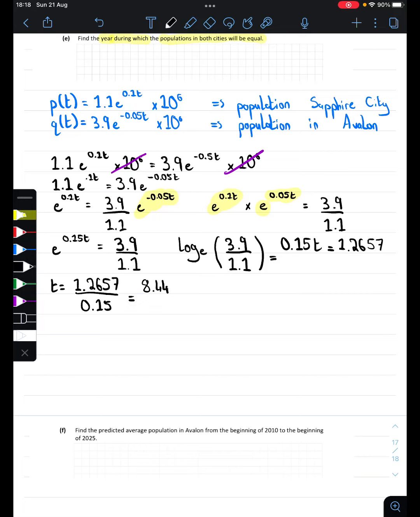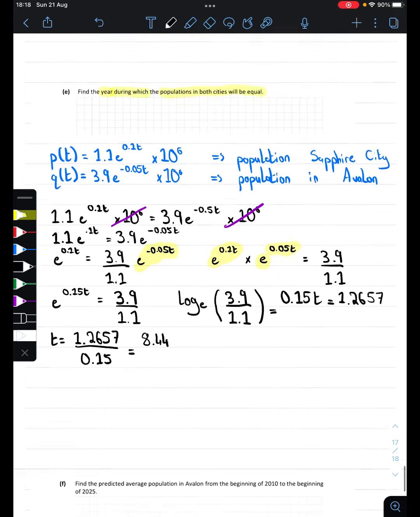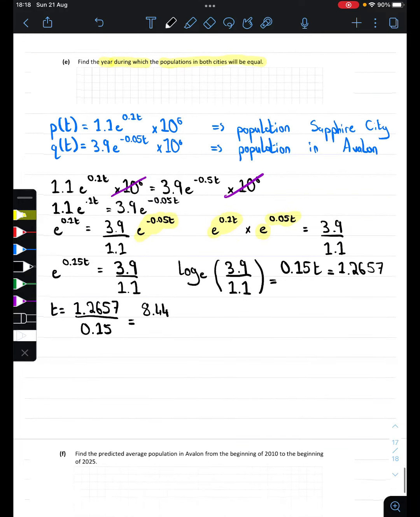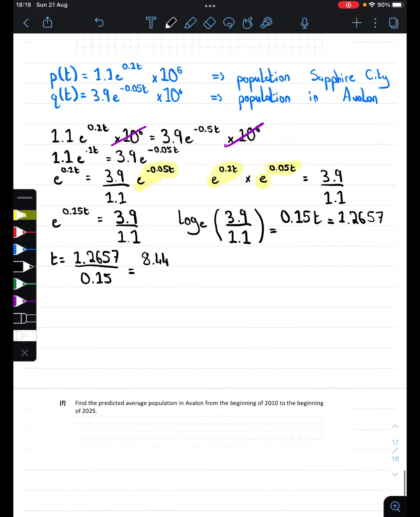That would be 8.44 years after 2010, so that will happen sometime around halfway through 2018. So the year during which the population of the two cities will be equal is 2018.